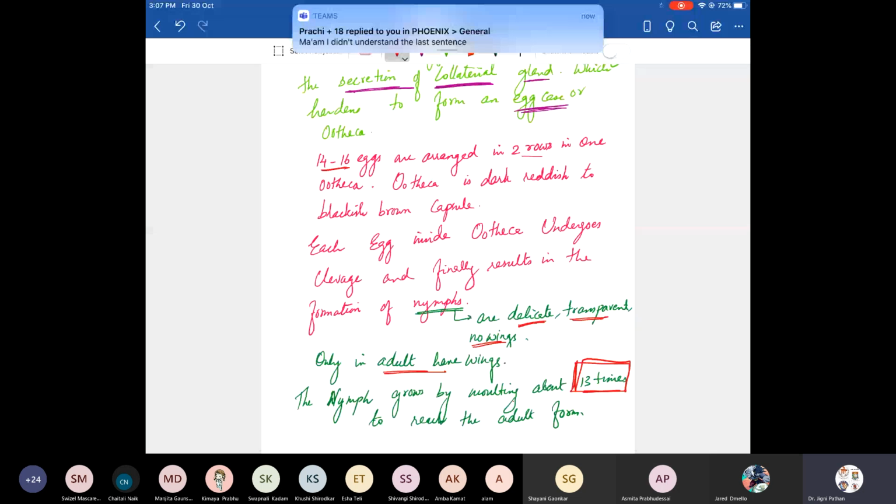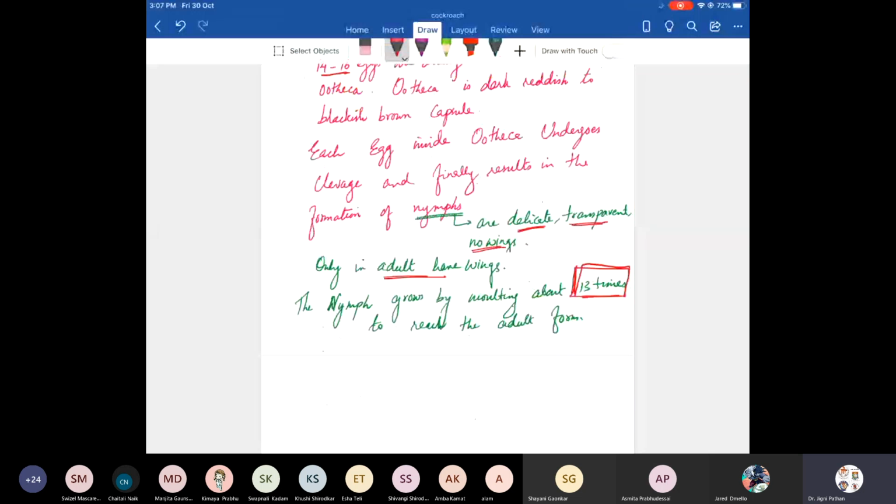Okay, Prachi, what does it mean? The nymph is a baby cockroach. The nymph needs to grow to the adult. The nymph reaches the adult by changing its body 13 times. It molts, meaning it changes its body shape 13 times. Then only it will get wings. Only in the adult form do you get wings, while the body keeps changing 13 times before it reaches the adult. Prachi, is it clear?